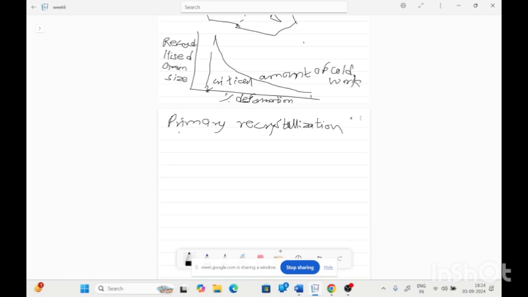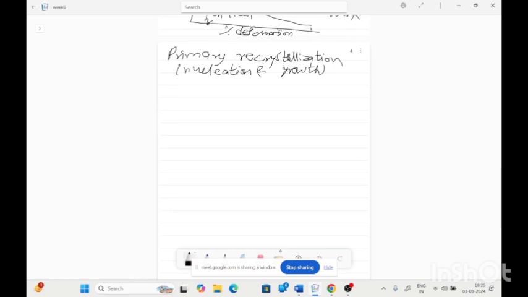Means this includes the nucleation and growth. The grain growth after recrystallization, when nucleation and growth of strain-free grains are done, the secondary recrystallization process starts.